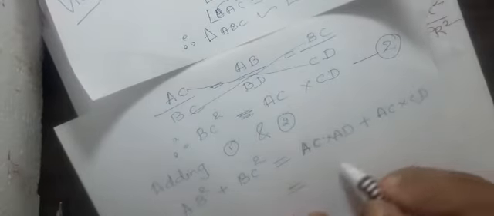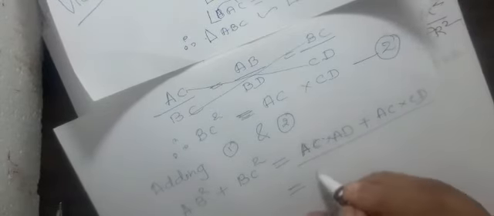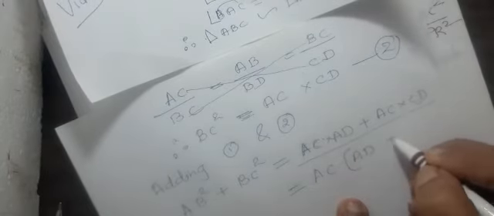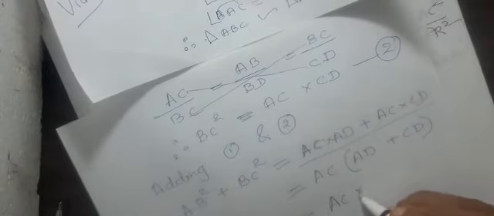Next step, AC is common in both, so I remove AC out and write AD plus CD in the bracket. This is equal to AC into AD plus CD. You see in the figure, what is AD plus CD? It is AC. So I will write AC in the next step. This is equal to AC into AC, AC squared.